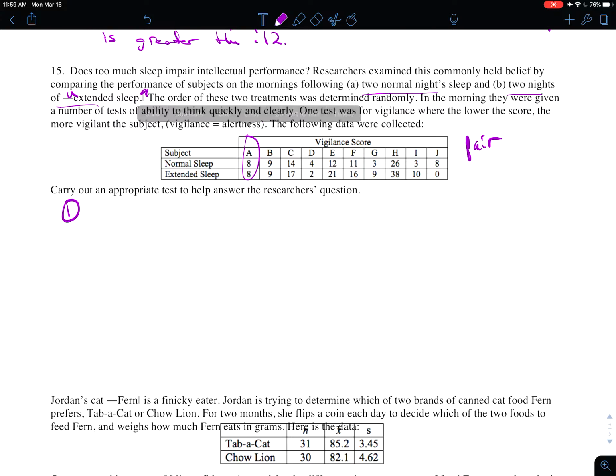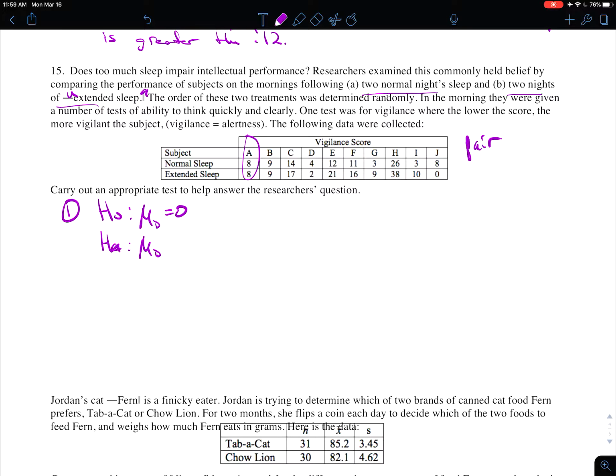Drag that up. I might want that space later. But we're going to test the average difference. So the null is mu sub d is equal to 0. The null is that there is no difference, versus the alternative is that it does, that the score is higher for extended sleep.